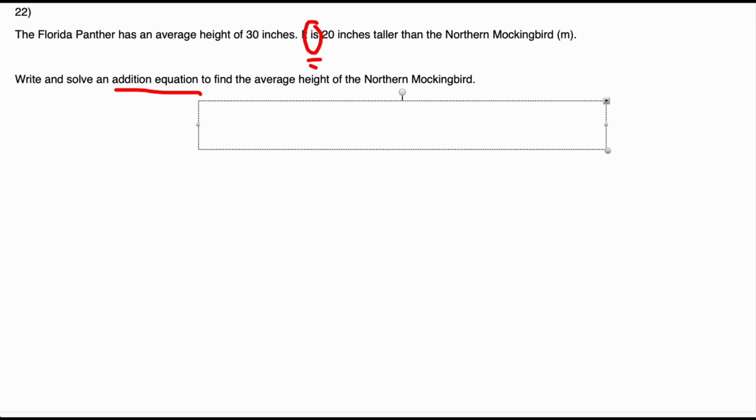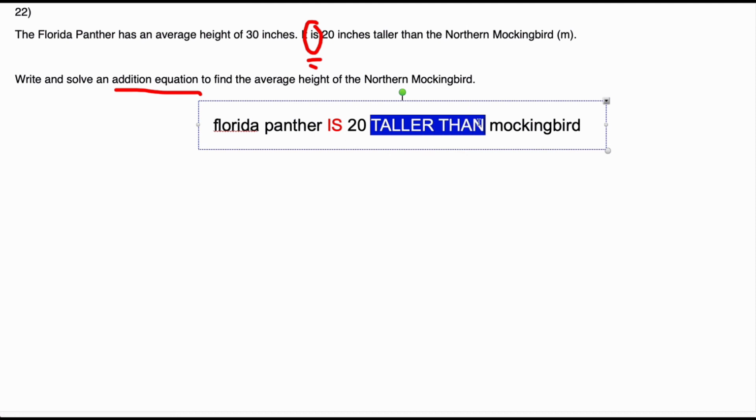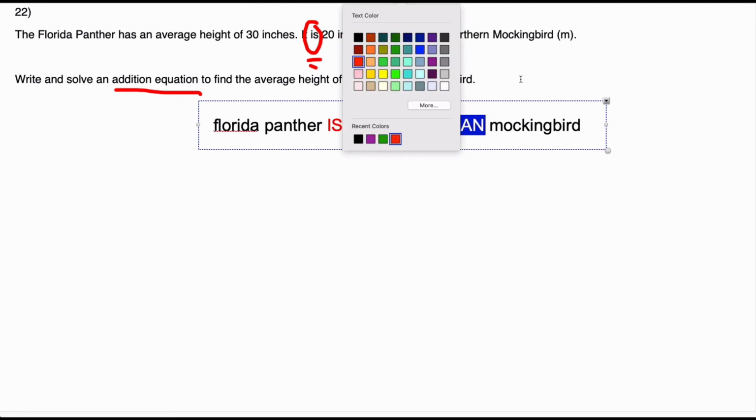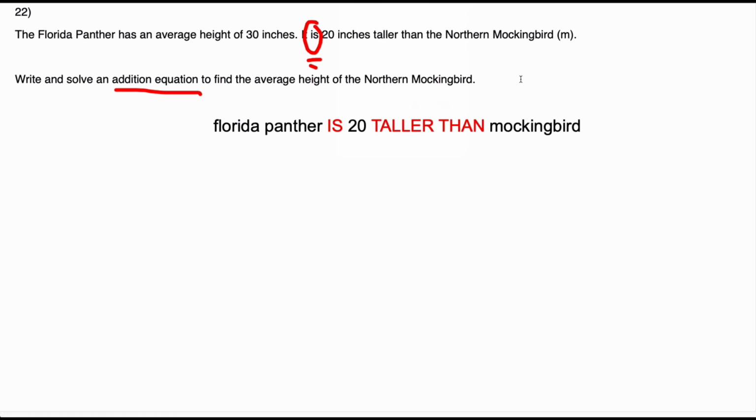So we've got Florida panther is, which means equals, so I wrote in capital letters. I'll actually make them a different color so they stand out. The 2 pieces of this equation that are going to be your operations, an equal sign and some sort of mathematical operation.